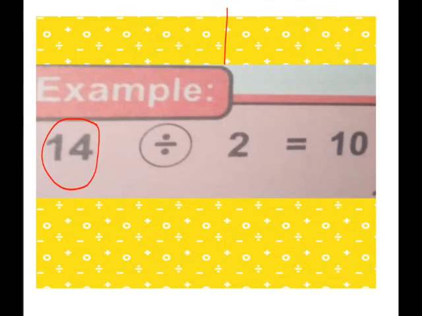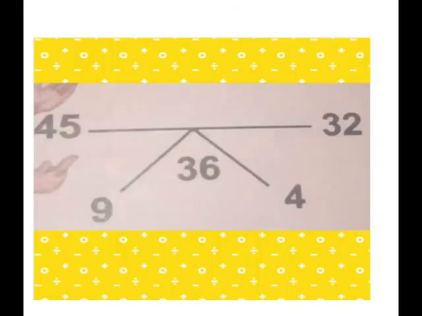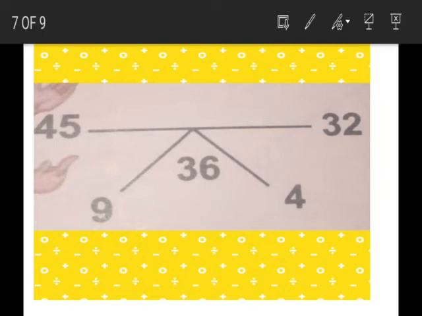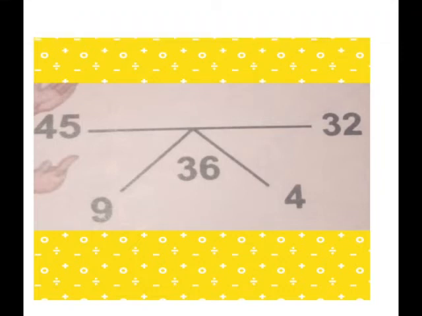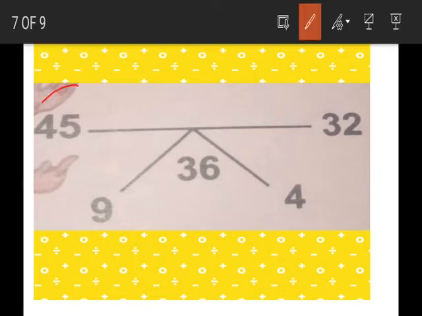Alright, let's consider our next example. Now, from this example, how can we get 45? Let's assume this 45 was not given. How can we get 45?